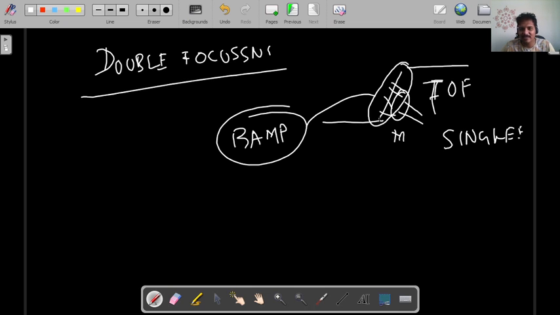So essentially, with the ramp you call it double focusing. If you don't have the ramp at all, think of it as a flat surface. You have the 3 balls. One is yellow colored, you have a green colored, and you add the red color.